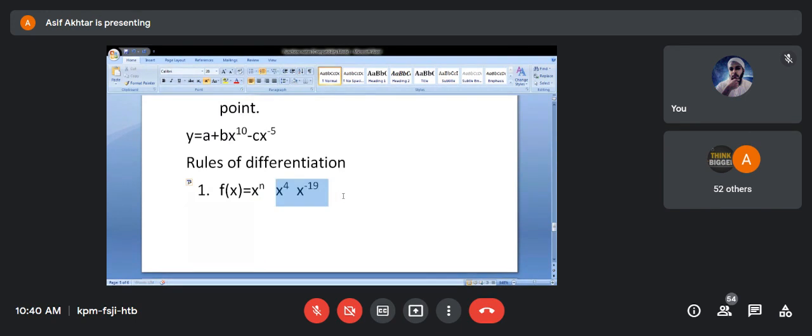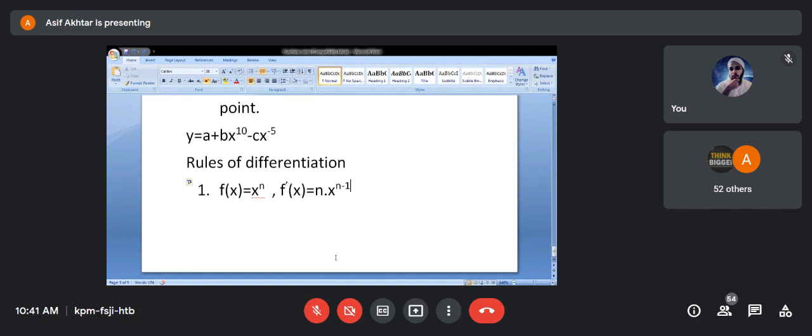So the first category of function is the exponential function, and I want to calculate the differentiation of this function. Then the differentiation of this function is equal to n into x raised to the power n minus 1.